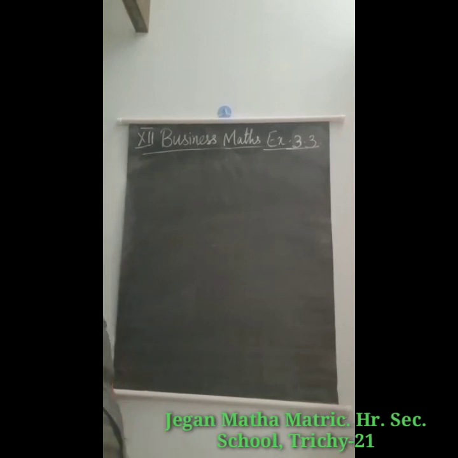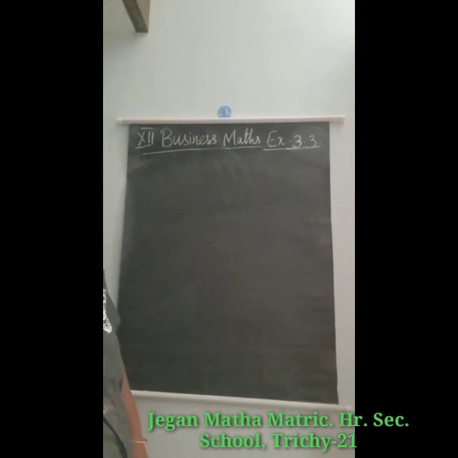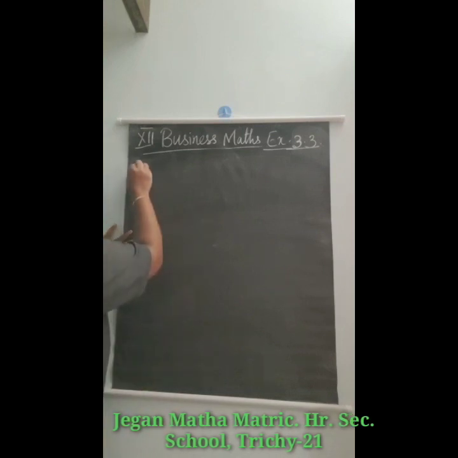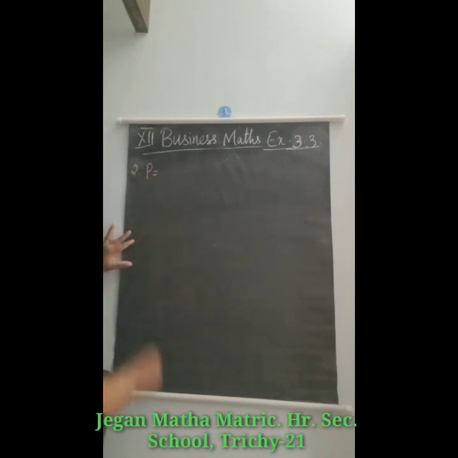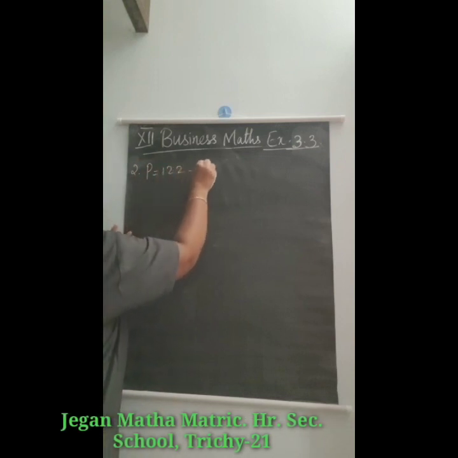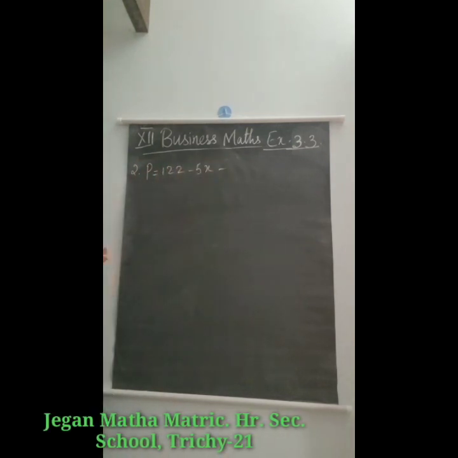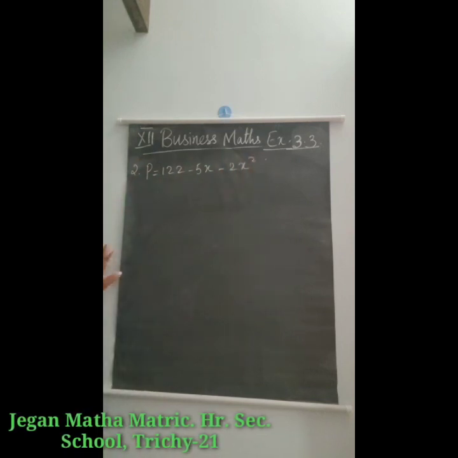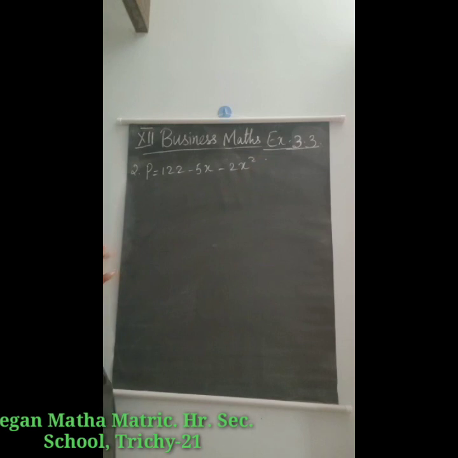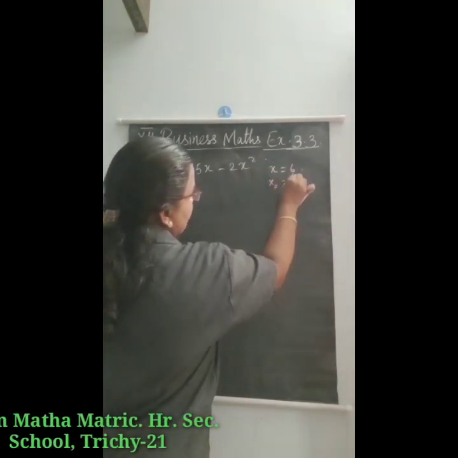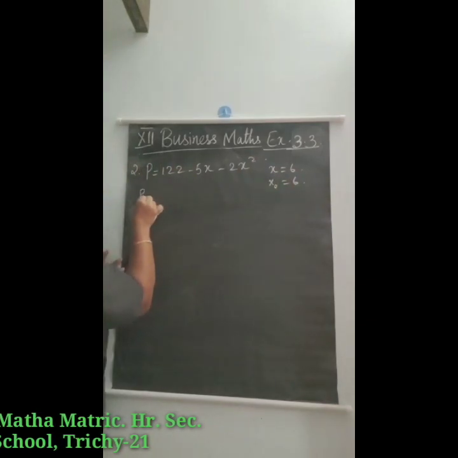The second question, calculate consumer surplus if the demand function P is equal to 122 minus 5x minus 2x squared. This is the demand function and x is equal to 6. The same model, we have to consider x naught is equal to 6. So we have to find out P naught.